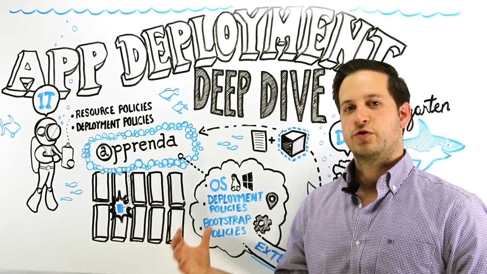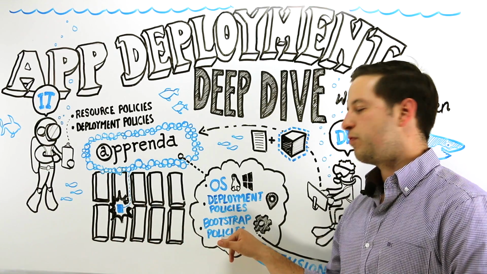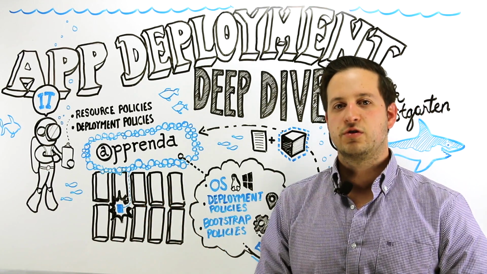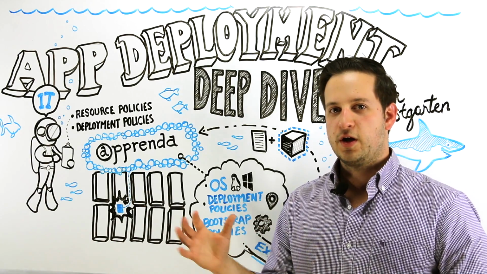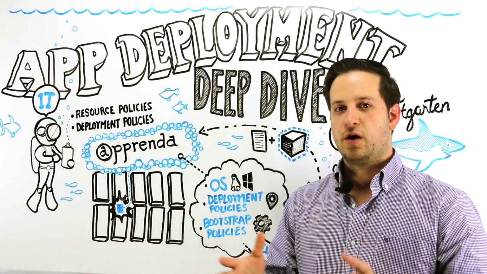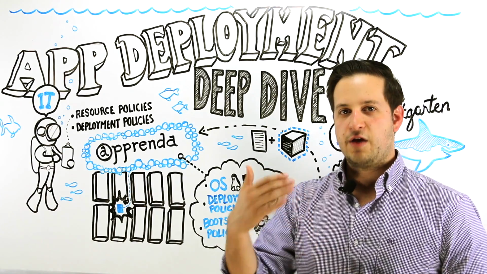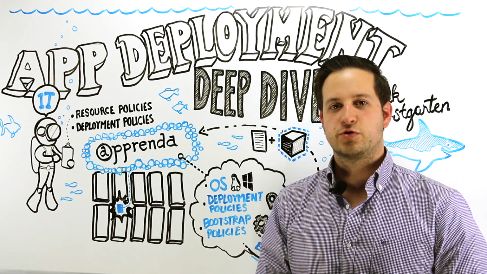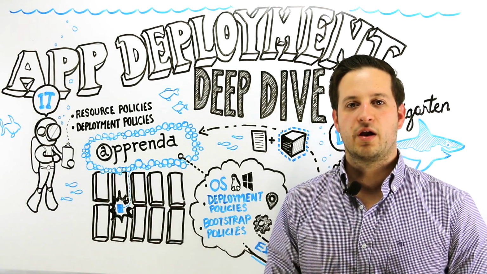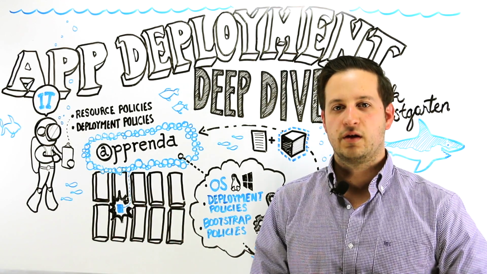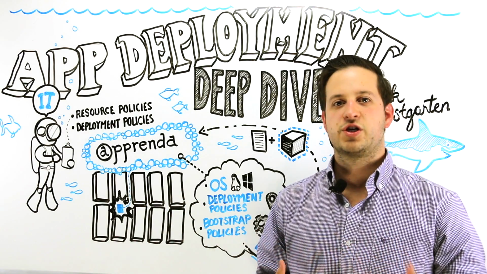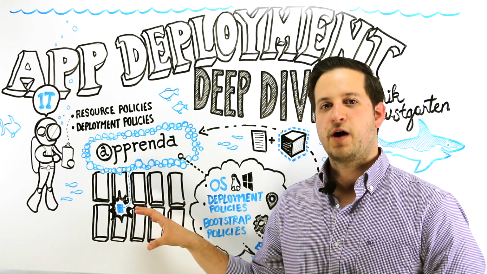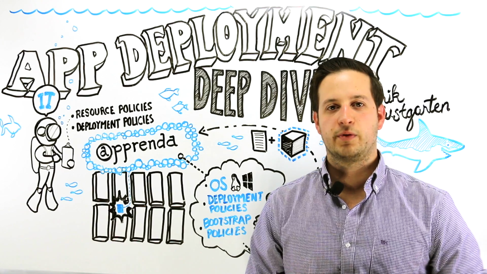Once Apprenda goes through those deployment policies, we then go through something called Bootstrap Policies. Bootstrap Policies allow the operations team to place the application on a temporary location and run additional logic against that. Some examples of those Bootstrap policies that our customers have created are library scanning workflows, where we can check and make sure that only the specific libraries that are allowed to make it onto this environment are being packaged with the application.